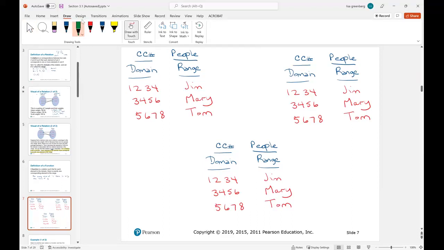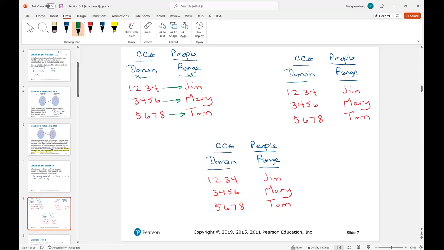And the first one, I'll make it easy. The first credit card belongs to Jim. The second credit card belongs to Mary. And the third credit card belongs to Tom. And remember, what a function means is that for every value of x, which is in the domain, or I can say this is x and this is y, for every value of x, I only have one value of y.